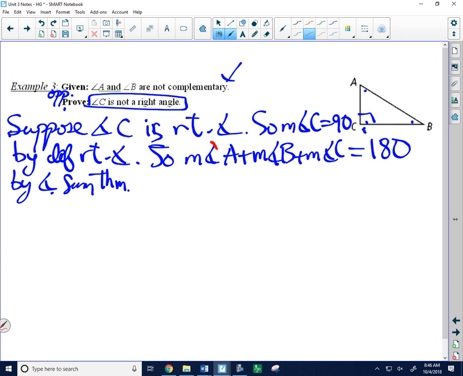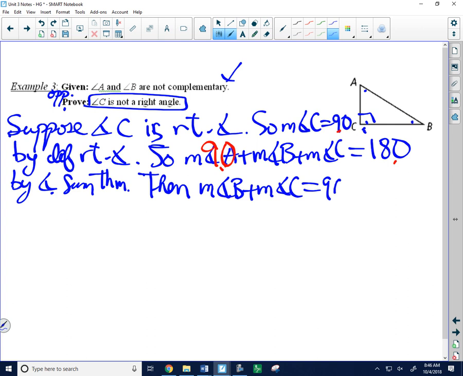Well, can't I just do a normal, what we do with this? I can plug in 90 for C. And then I'm going to subtract it from both sides. So I'm going to do two steps in one here. I'm going to say, well then, measure of angle A plus measure of angle B will equal 90.